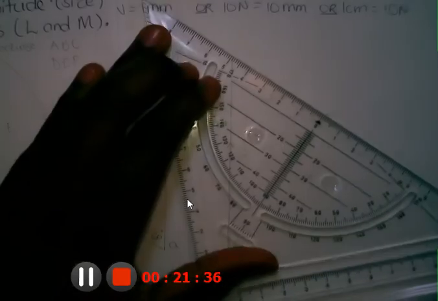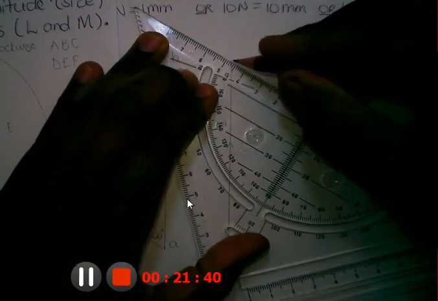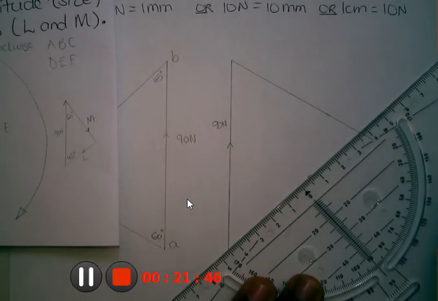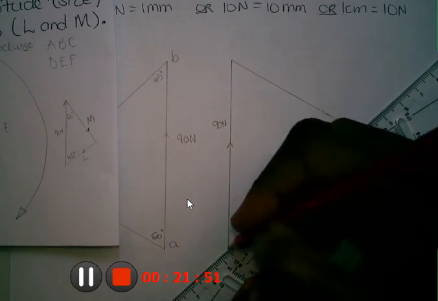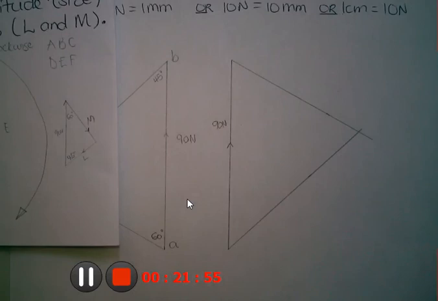Then you join your lines. You see how easy it is if you have determined your angles in the shape diagram. It becomes very easy. It will take you 1 minute, 2 minutes to draw your diagram, your triangle.